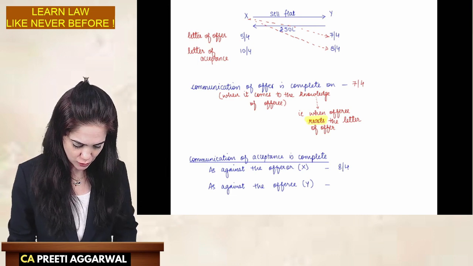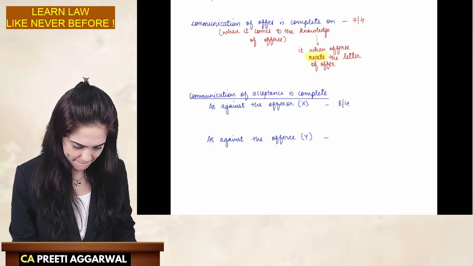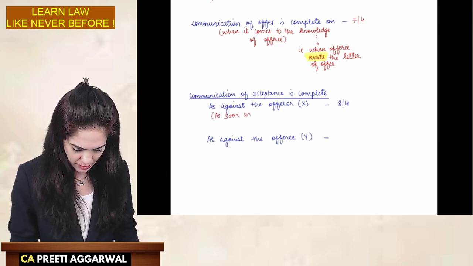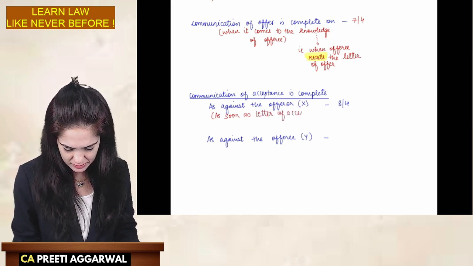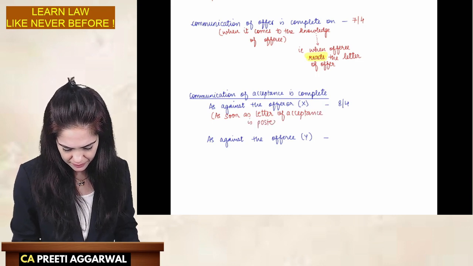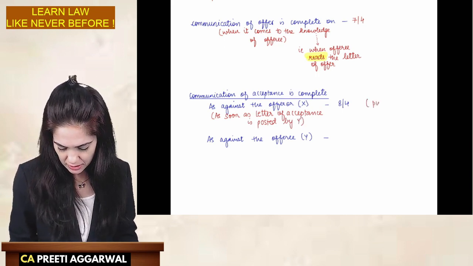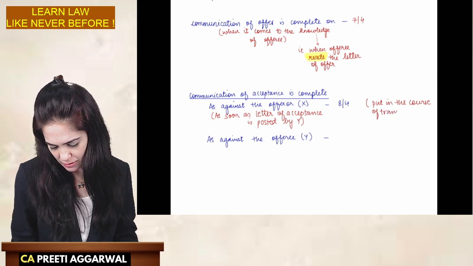Let me write that for you so that later on you have no doubt or confusion. As soon as the letter of acceptance is posted by Y. The words which are used in the act is when the letter is put in the course of transmission.